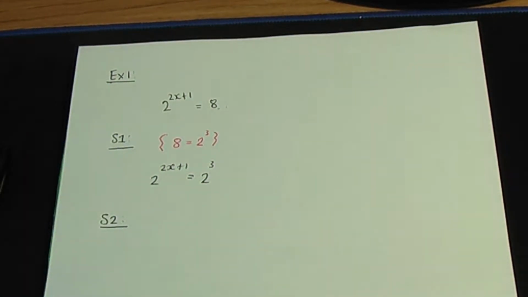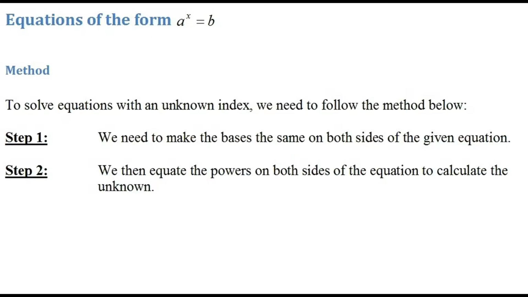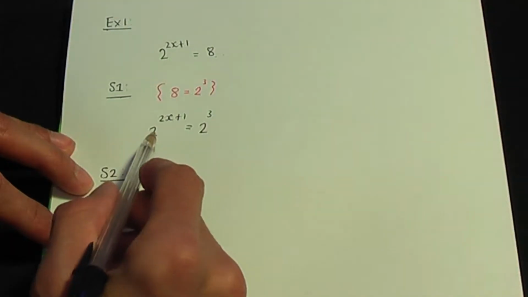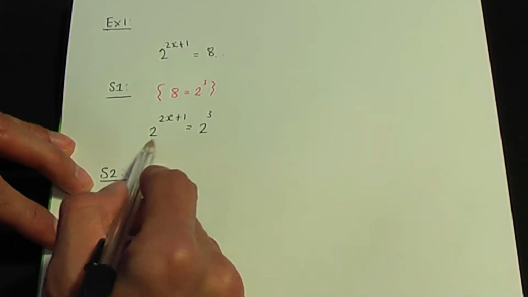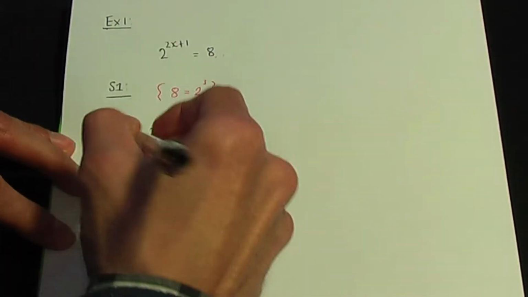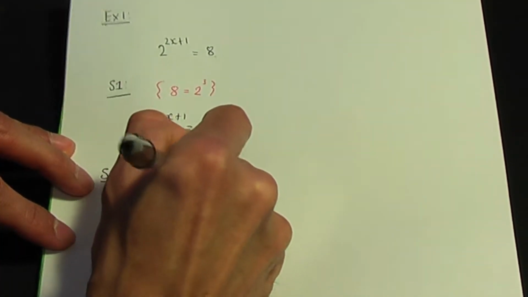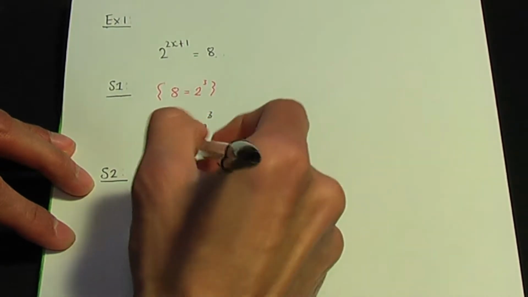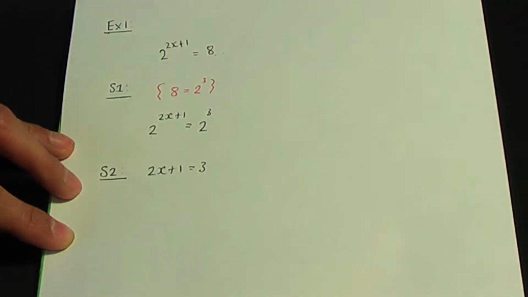Step number 2 is we then equate the powers on both sides of the equation to calculate the unknown index. Since the base terms are the same on both sides, we just equate powers. So the power on the left, which is 2x plus 1, is equal to the power on the right, which is 3.